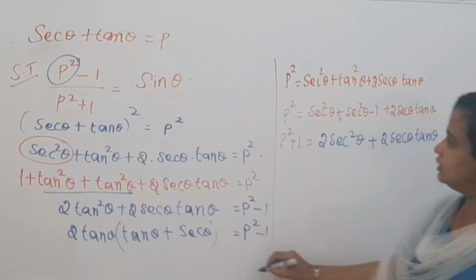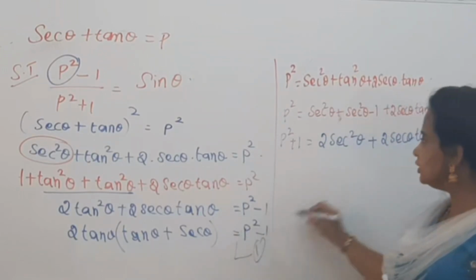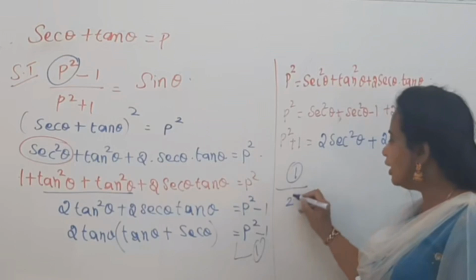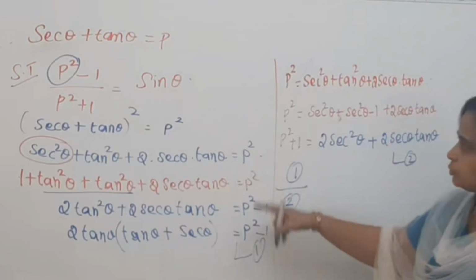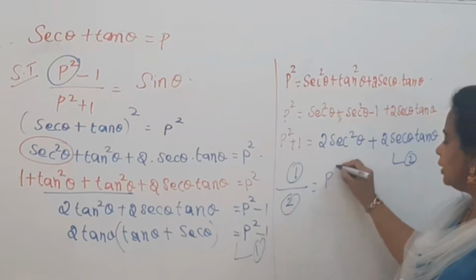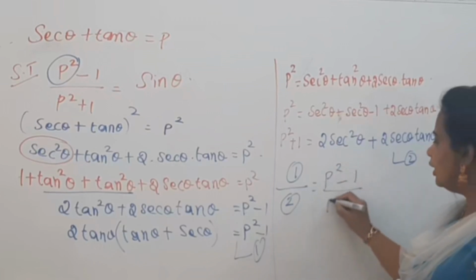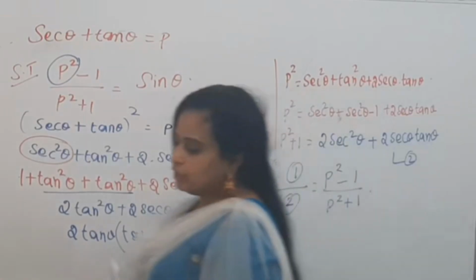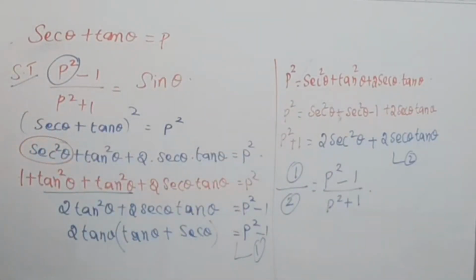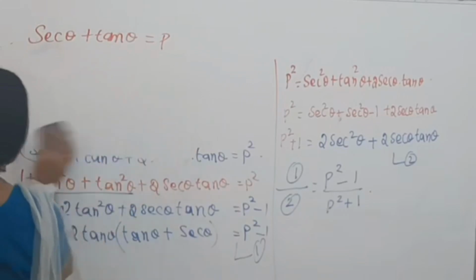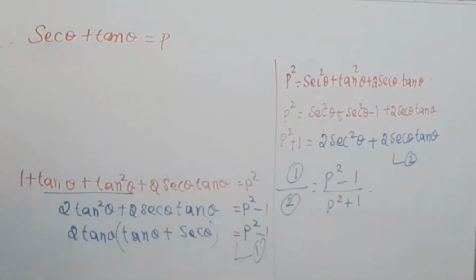Now I have, this is first equation and this is second equation. I have to find 1 divided by 2. Why? Because I have to divide p square minus 1 by p square plus 1. So what is p square minus 1?